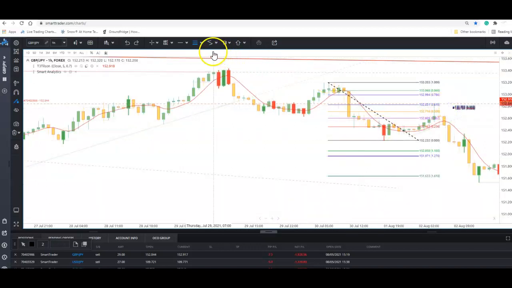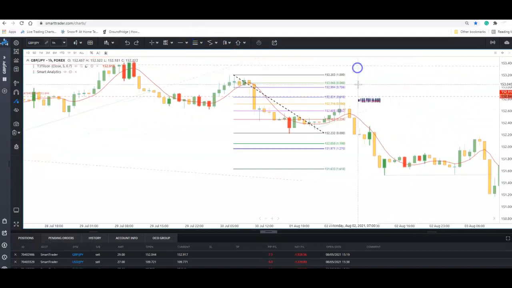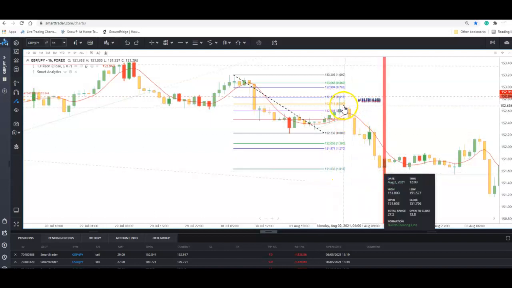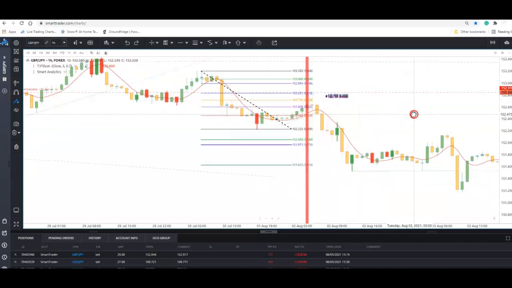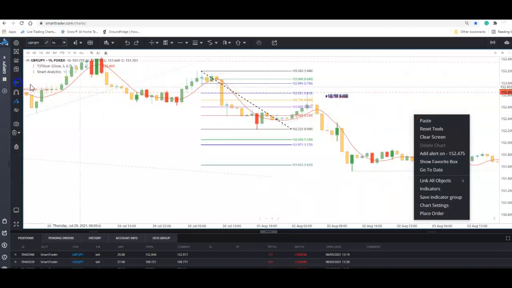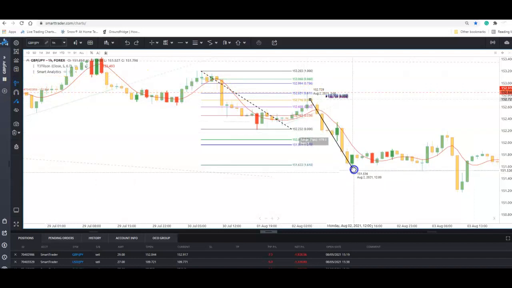So we are looking to sell and then target the extensions, and look, from 61% all the way down to 161%. So that trade would have generated over 119 pips.